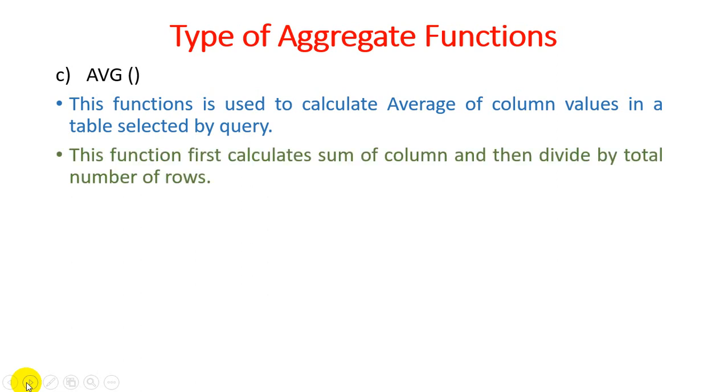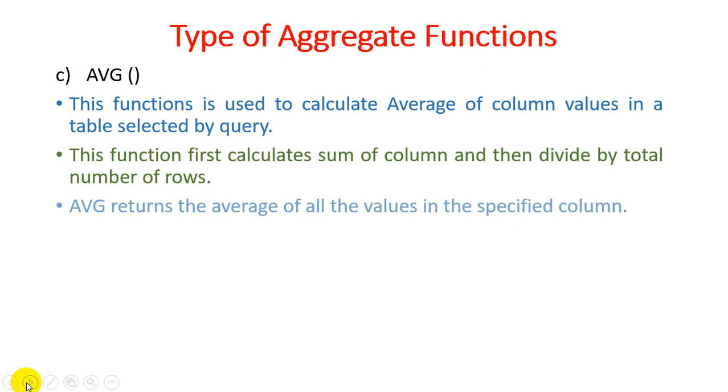This function first calculates the sum of the column and then divides by the total number of rows. We know how to find an average value. AVG returns the average of all the values in a specified column with respect to the query result.